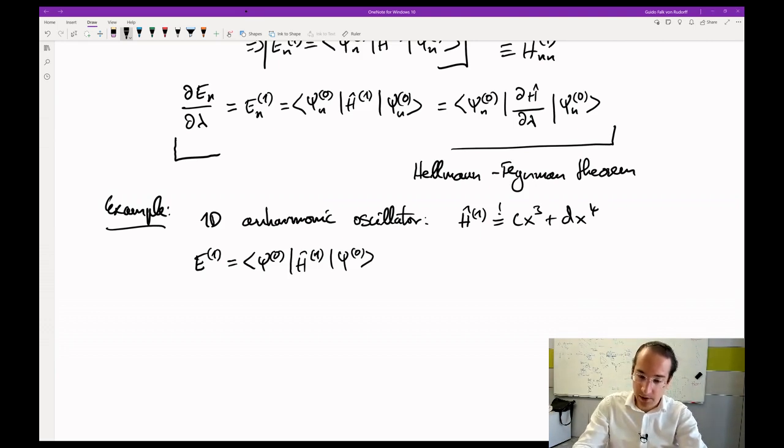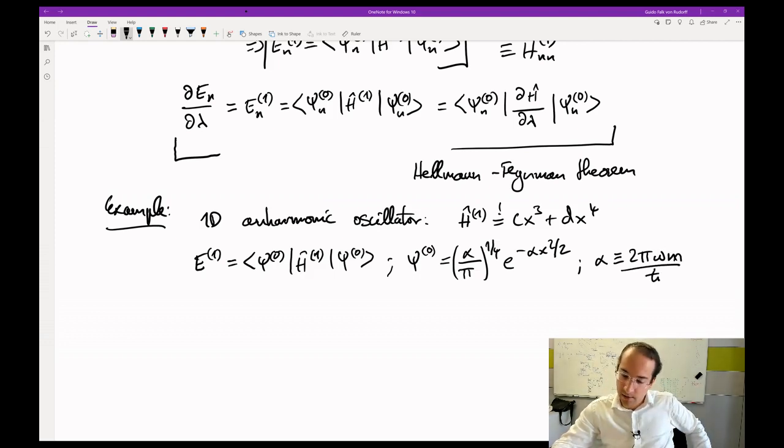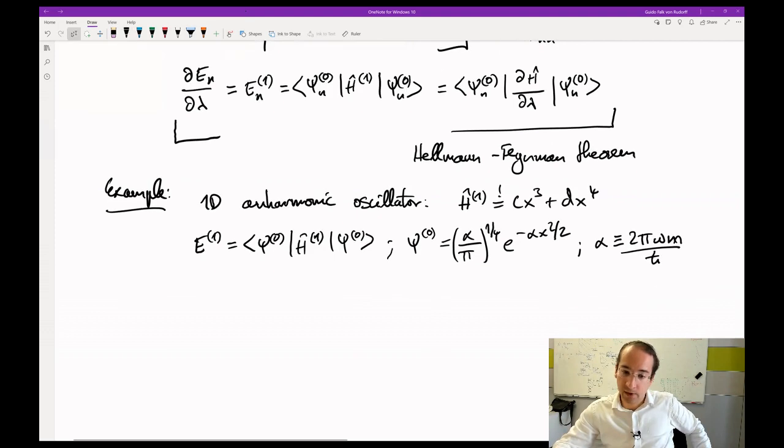Here we know that the wave function psi naught is (alpha over pi) to the power of 1/4 times e to the minus alpha x squared over 2, where alpha is defined as 2 omega m over h bar. This is the solution that you get from the harmonic oscillator.